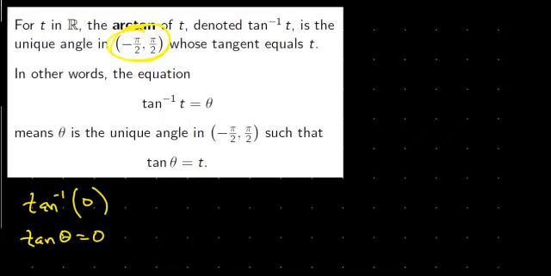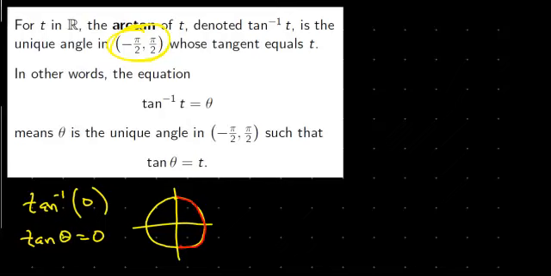Okay? And if we look at the unit circle, let's just draw a quick circle here. And we are between negative pi over 2 and pi over 2. Just like for the arc sine, we want to know, where is the slope 0? Okay?